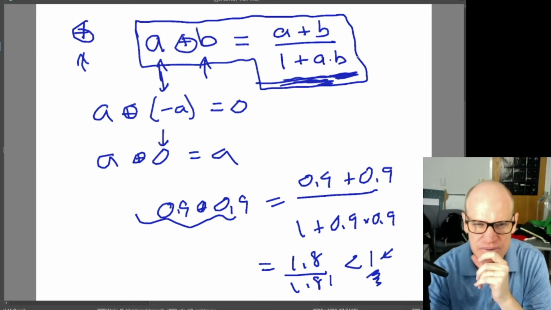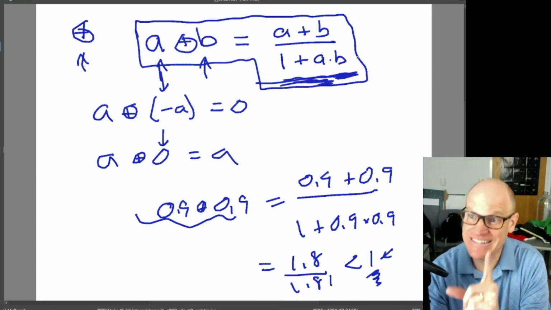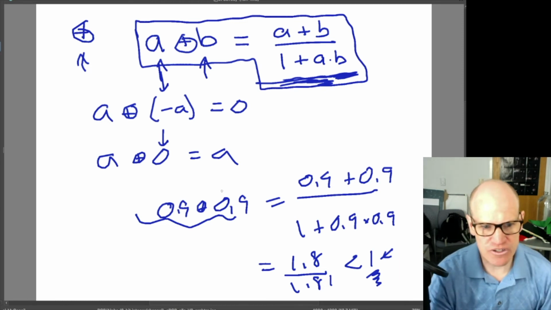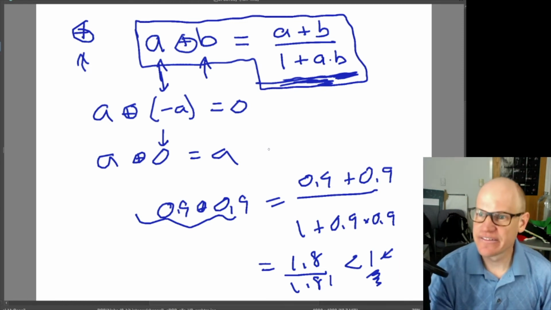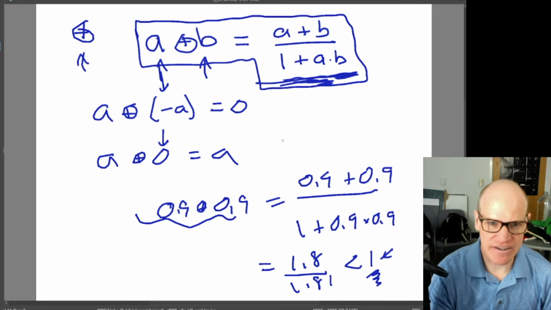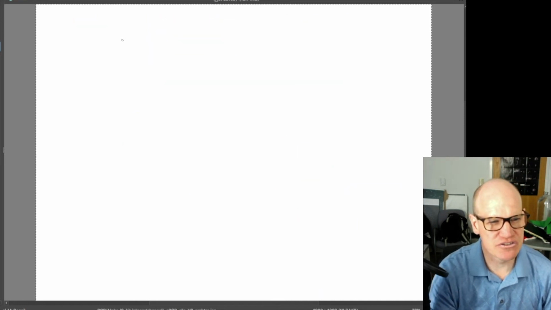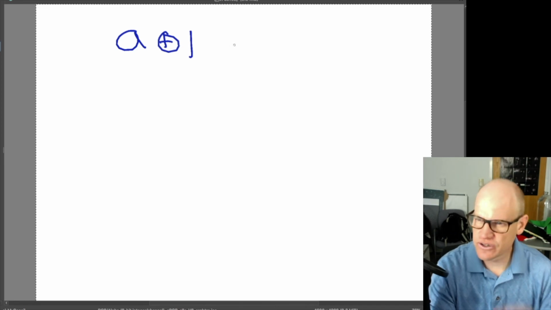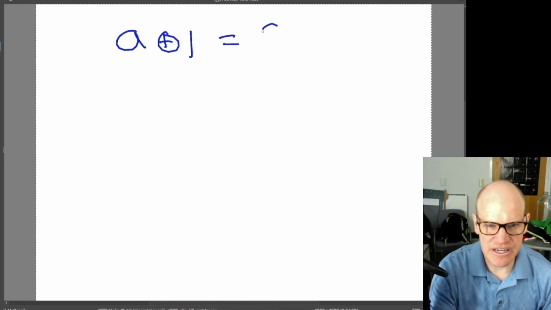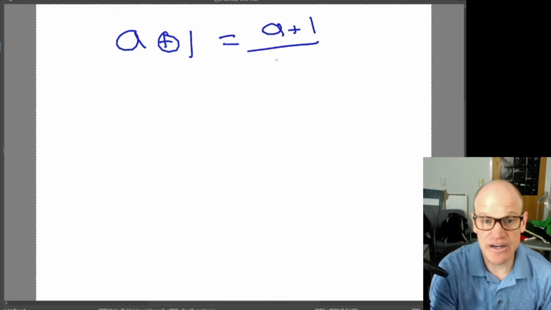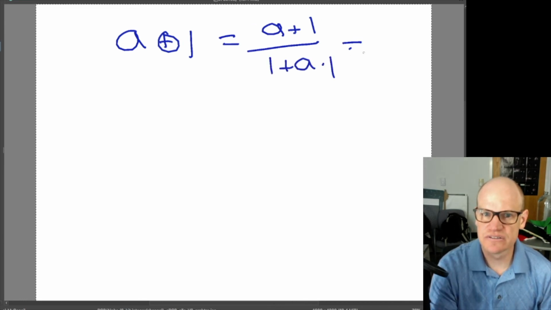This is, however, let me do one small change, and that is, if you have a number that is equal to 1, so if one of these two things is equal to 1, then you get that 1 back. So if I go a circle plus 1, I follow the same rules, that's going to be equal to a plus 1 divided by 1 plus a times 1, and that's equal to 1.